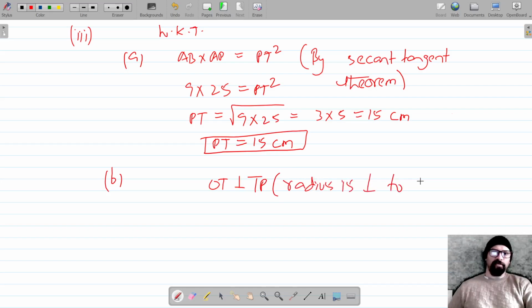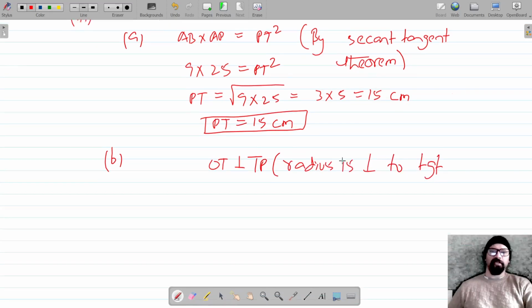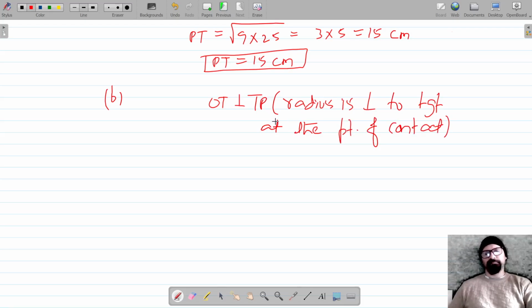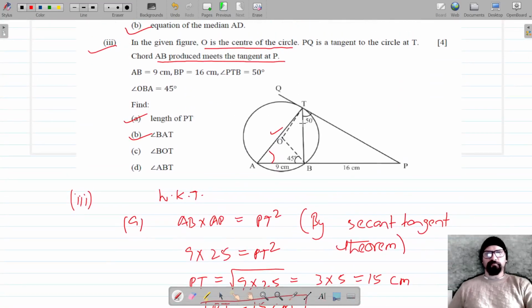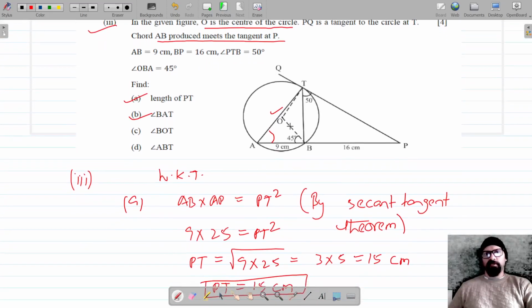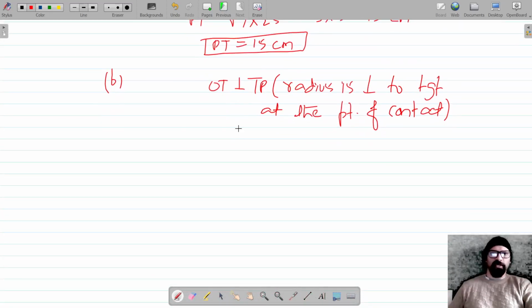So the radius is perpendicular to the tangent at the point of contact. So that means angle OTP is equal to 90, sorry, OTP is equal to 90 degrees.